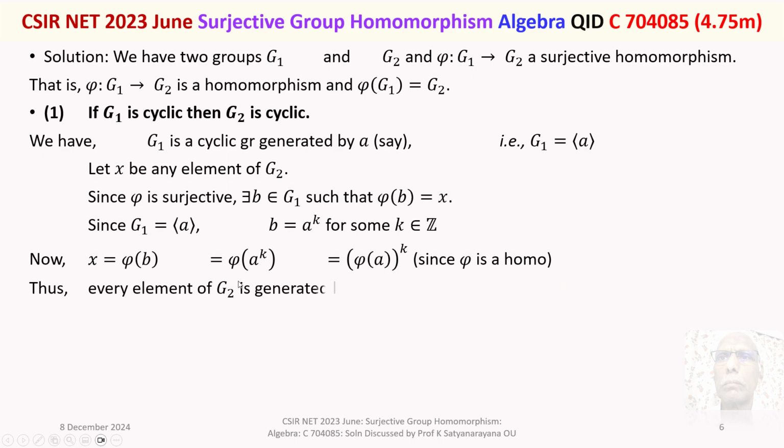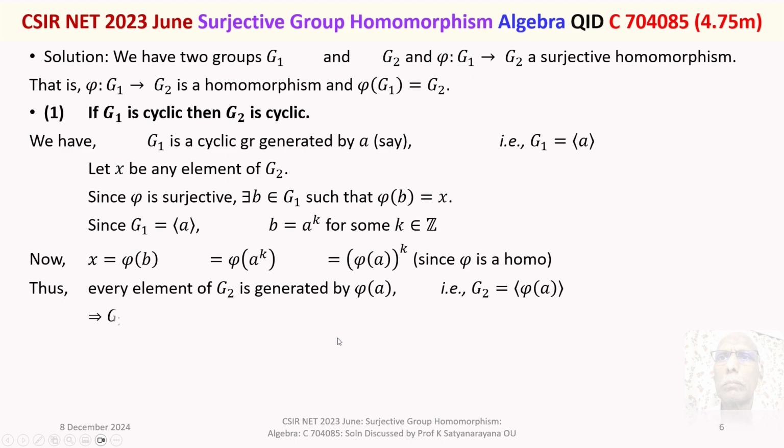Thus, every element of G2 is generated by phi of A, because x is taken as any element of G2. We have obtained x is phi of A whole to the power of k. So every element of G2 is generated by phi of A. That is, G2 is generated by phi of A, a cyclic group.